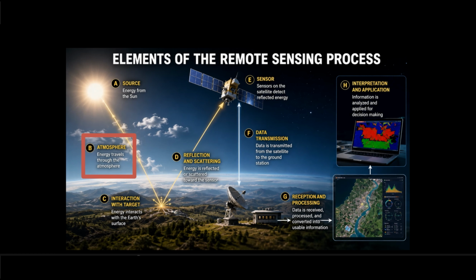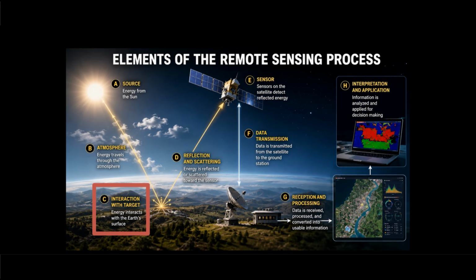The next element of the remote sensing process is the interaction with the atmosphere. The energy travels through the atmosphere. The next step is interaction with the target. After the energy from the source travels through the atmosphere, it interacts with the target, in many cases the Earth's surface.